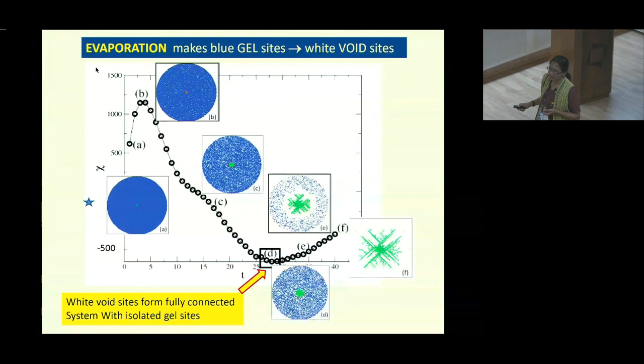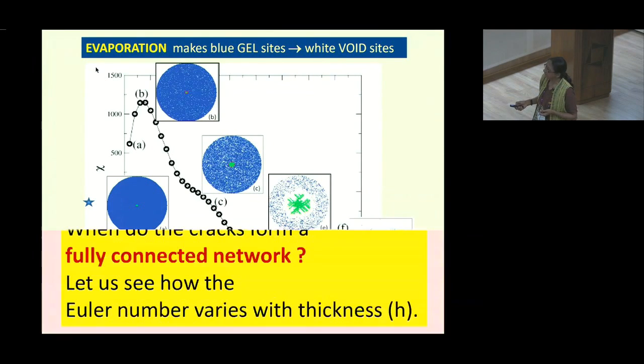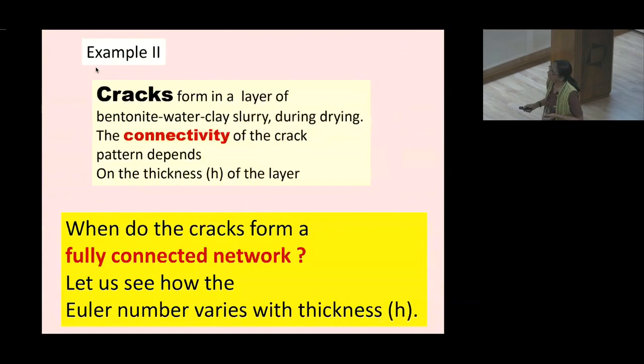experimental results. So this is one set of experiments, and the other is this one. We had cracks forming in a clay layer, and as the thickness of the clay layer changes, the number of cracks changes and their connectivity changes.